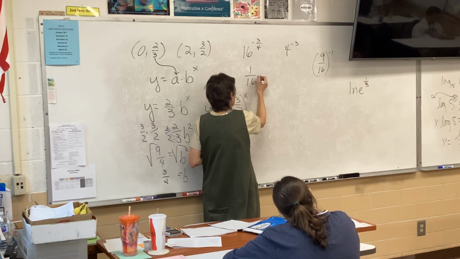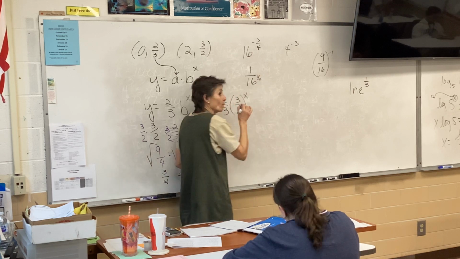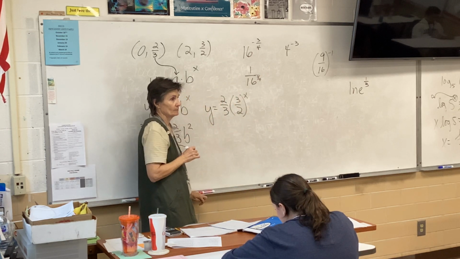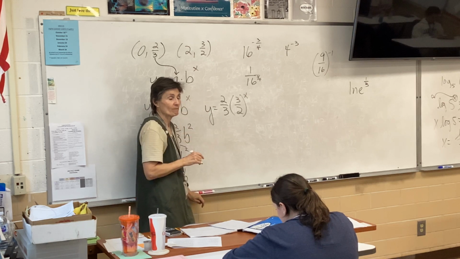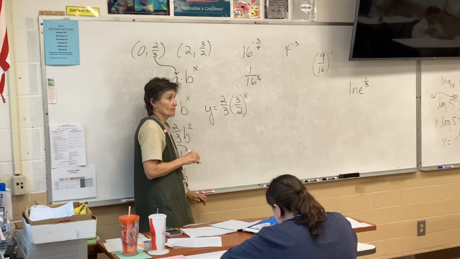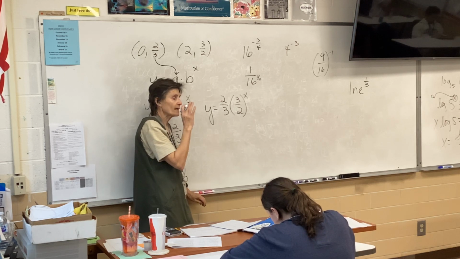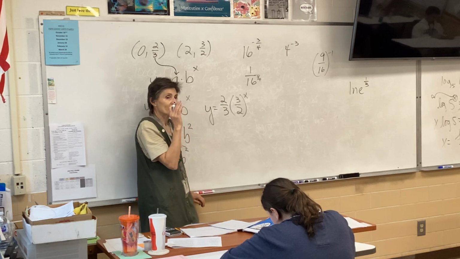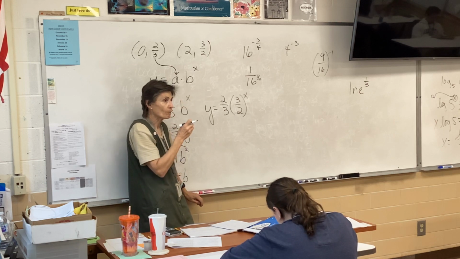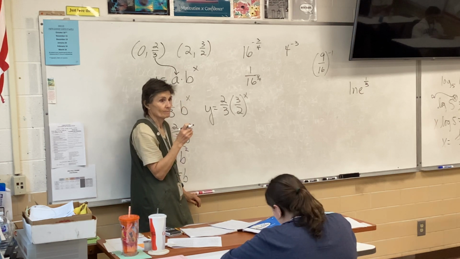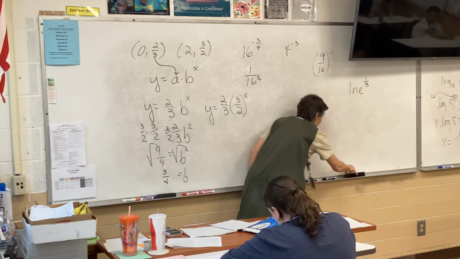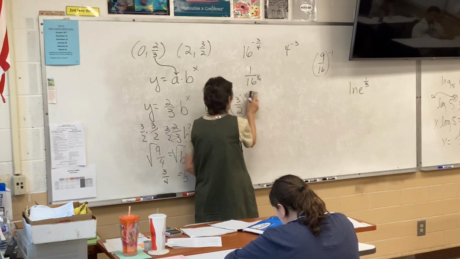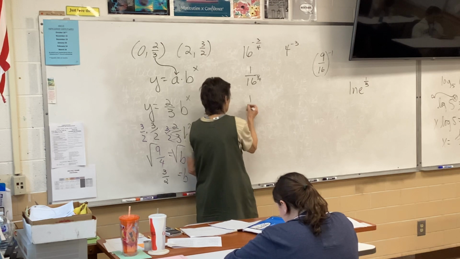Jackson, the 3/4 stays 3/4, but now it is positive. So 1 over 16 to the 3/4. Everybody just kind of look at that, let that settle in. When you have a negative exponent, you start by making it 1 over. Now, what does the fractional exponent mean? It means a radical.